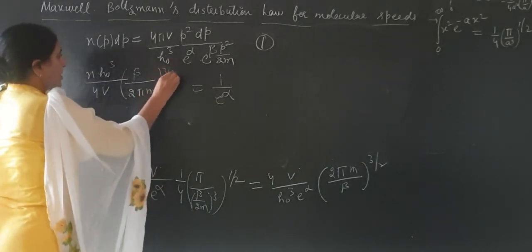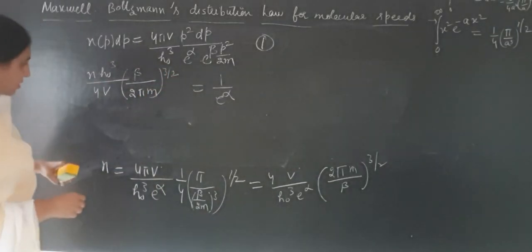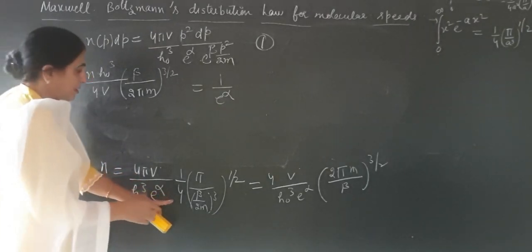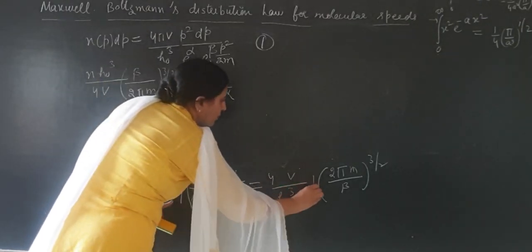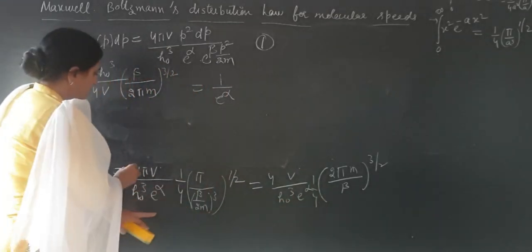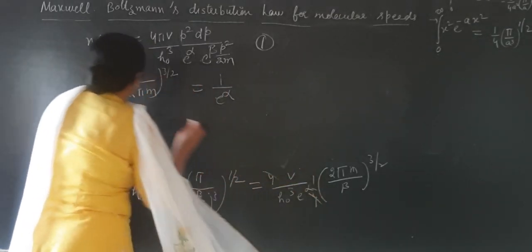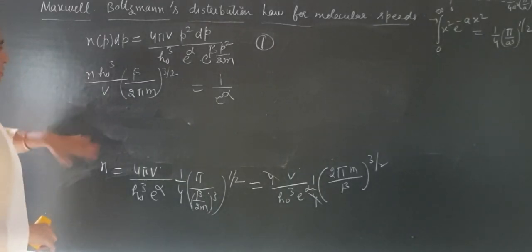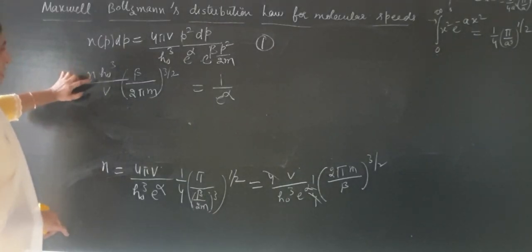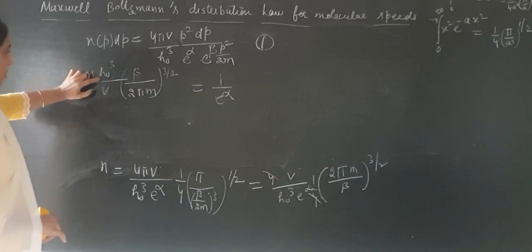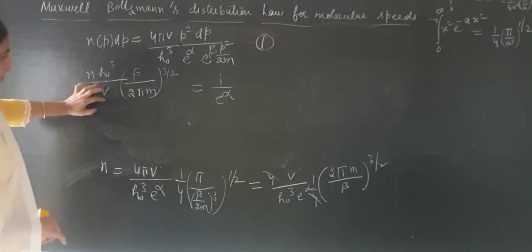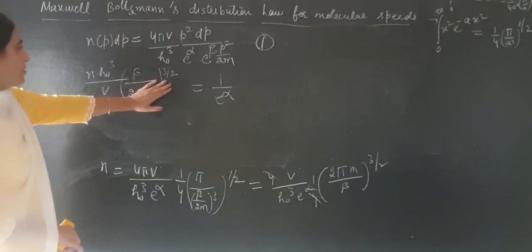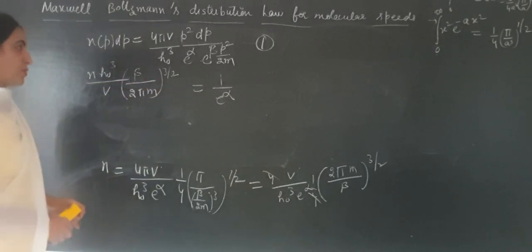The 4 goes with this 4, so the 4 is cancelled out. So 1 over e raised to power alpha is equal to N h naught cube upon V, times beta over 2 pi m raised to power 3 by 2.